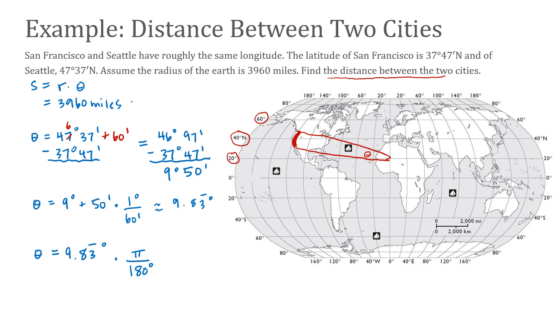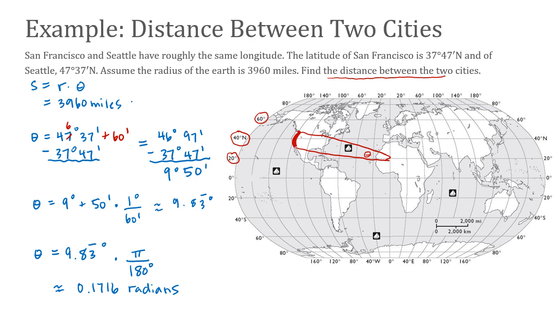So if I put that into my calculator, I get approximately 0.1716 radians.